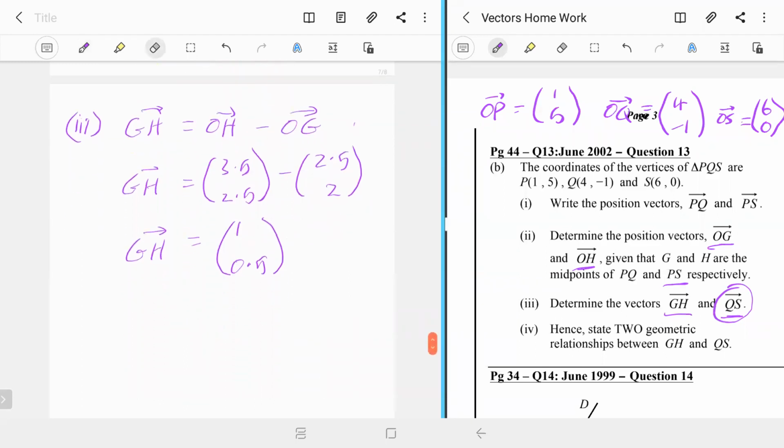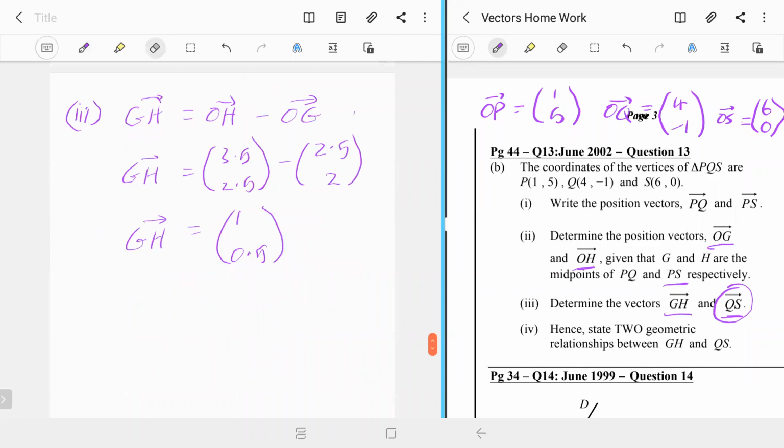All right. Next you want is QS. QS equals OS minus OQ. O time the last minus O time the first. Everybody getting that? That's why vector is easy.